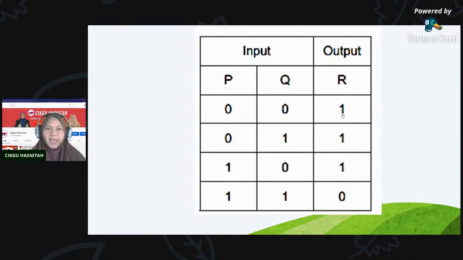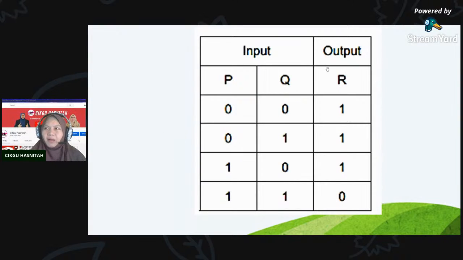So it doesn't match with OR gate. 0 or 1 supposed to be 1. This is correct. 1 or 0 is 1. This is correct. But the fourth one, 1 or 1 supposed to be 1, but here it is 0. So we cannot place OR gate there, Vinci.